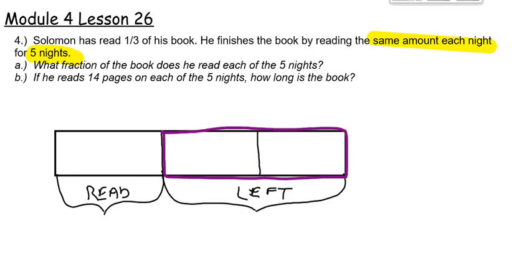So I try to think of the breaking apart that's going to work best with 5 nights, but 2 units. So I also go back to my common multiples and think of numbers that work well with 2 and 5, and the best is going to be 10.